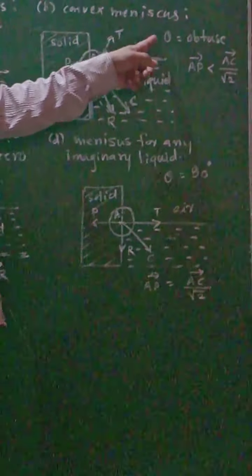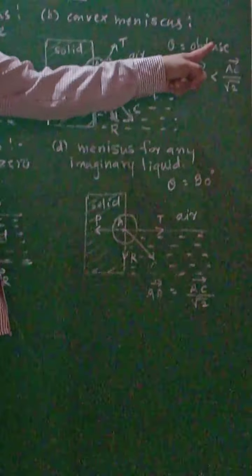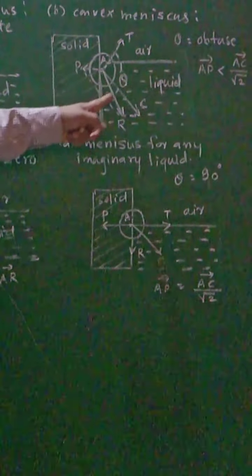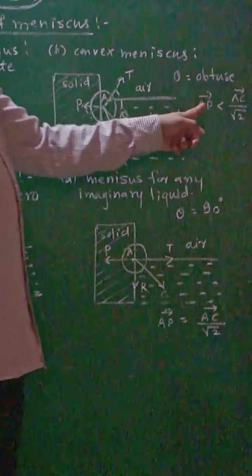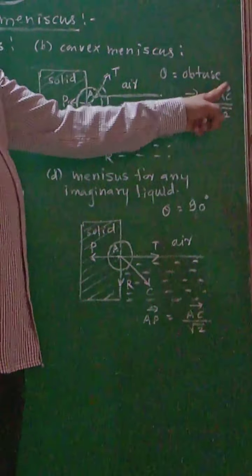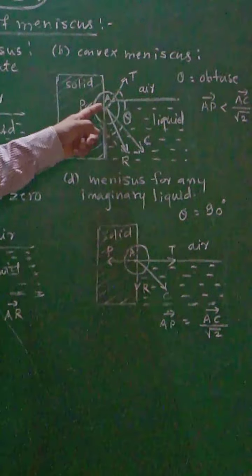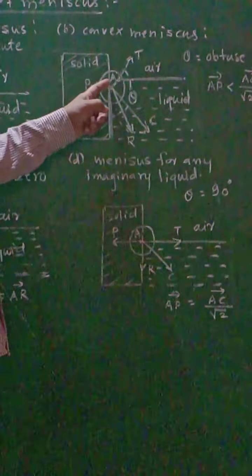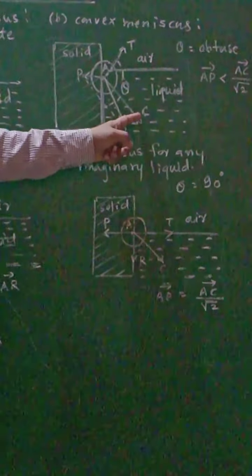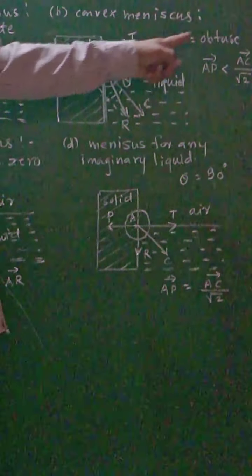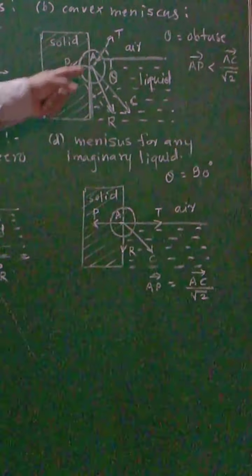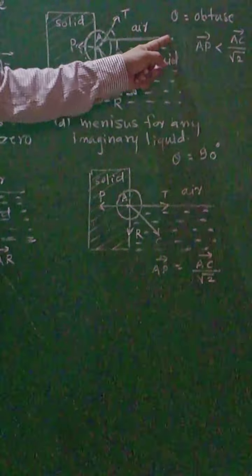That means the angle of contact will be obtuse here. Now it will be achieved only when vector AP is less than vector AC by root 2. So here vector AP will be very small as compared with this AC, so that the angle of contact is obtuse here and the meniscus is convex.